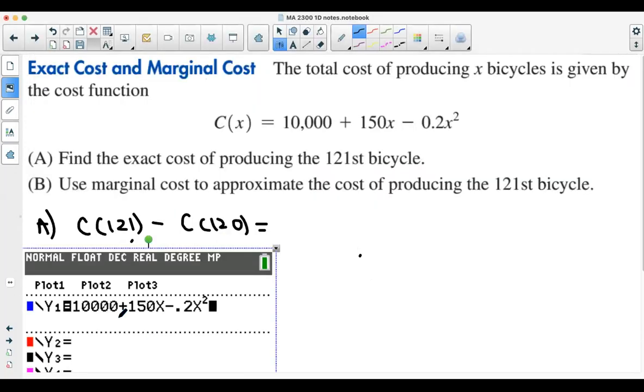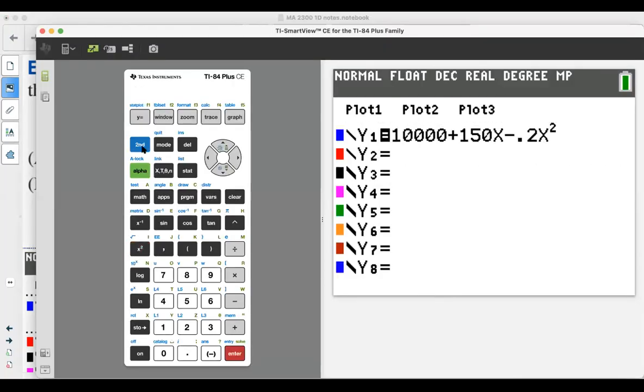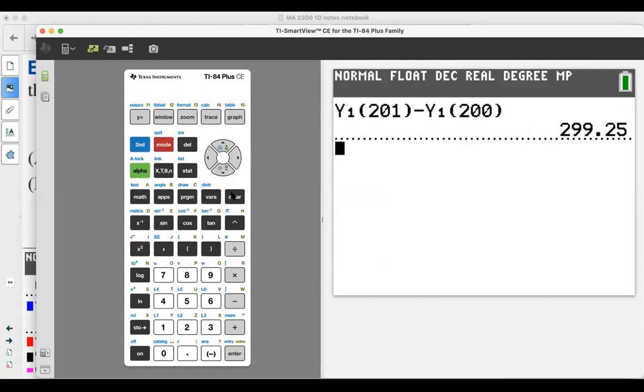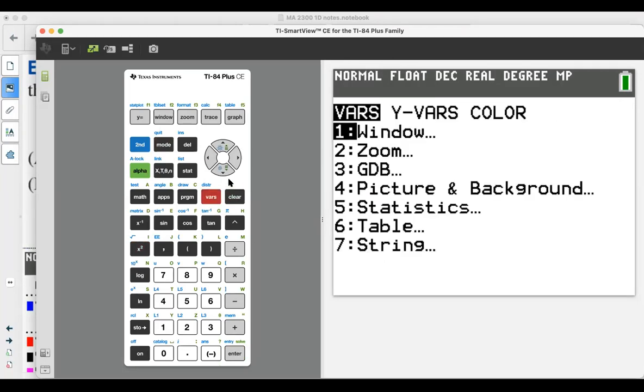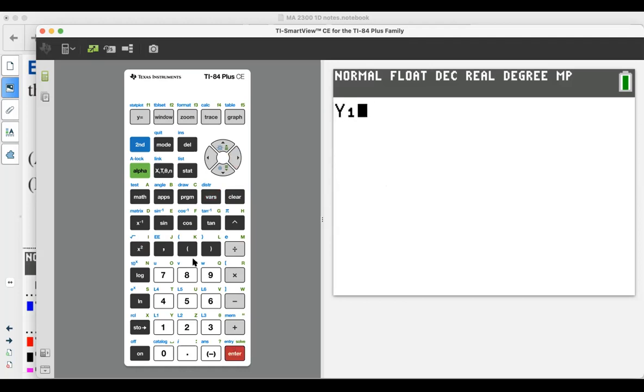And then what I need to do is type in 121 and 120 and then subtract. So here I get: second quit, vars, Y-vars, function, and Y sub 1.